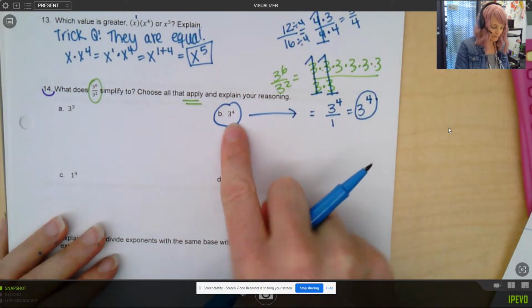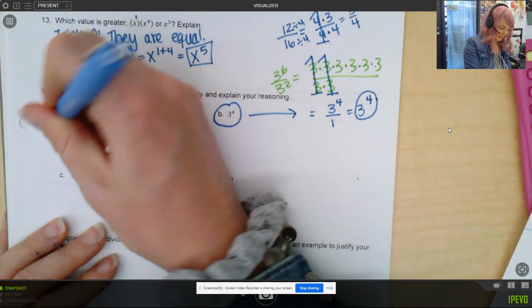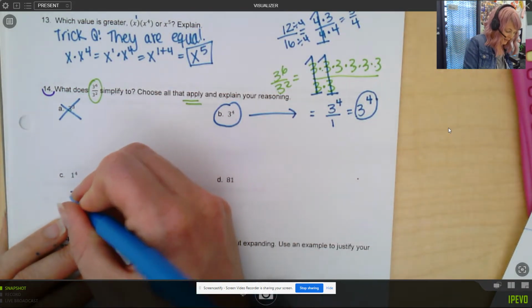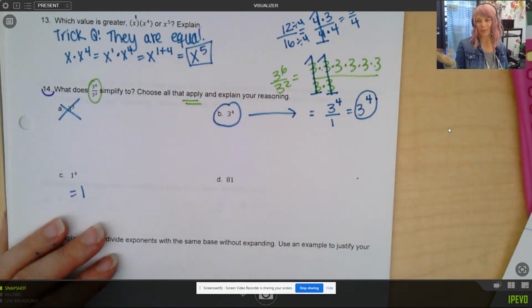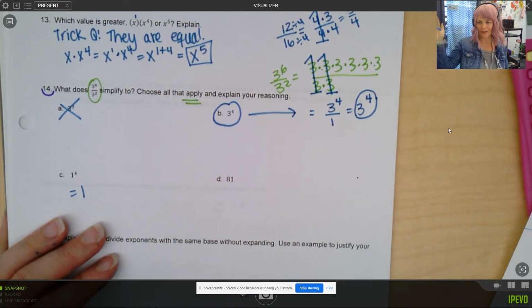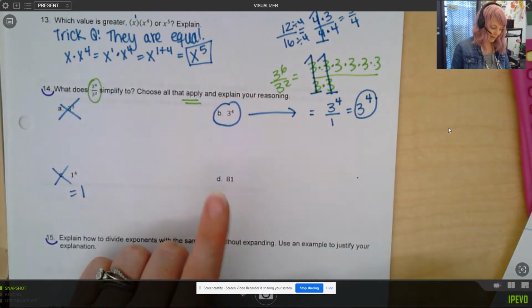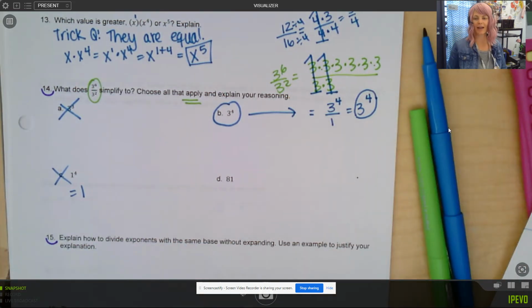Okay, well, if it's 3 to the fourth, it can't be 3 to the third, because you can't multiply 3 times 3 times 3 and have it equal to another factor of 3 being multiplied. That's ridiculous. 1 to the fourth is equal to 1. 1 times 1 times 1, however many ones, it's still going to be 1. And then, well, does this equal 81? Well, here is my to the fourth power trick.